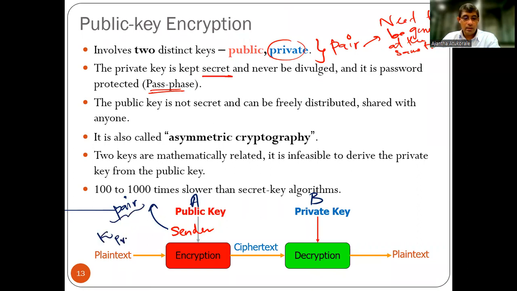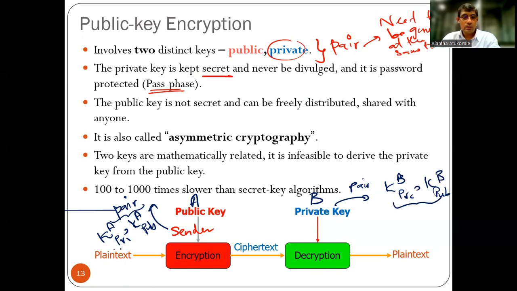This pair is K private A, comma, K public A, right? So this is A's keys, private and public. Similarly, B creates a pair, that is K private B, comma, K public B. That's his pair.